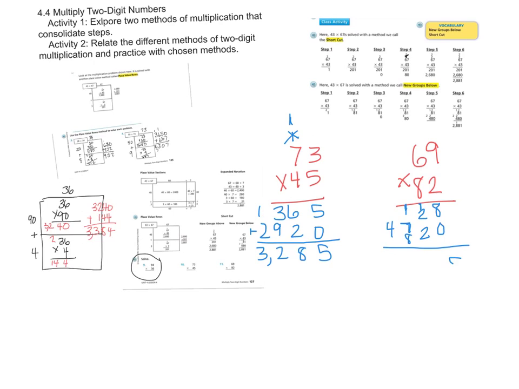So you have your ones, you have your tens, you have your hundreds, and you have your thousands. 5,658. So you just put your 1 and then your 8.